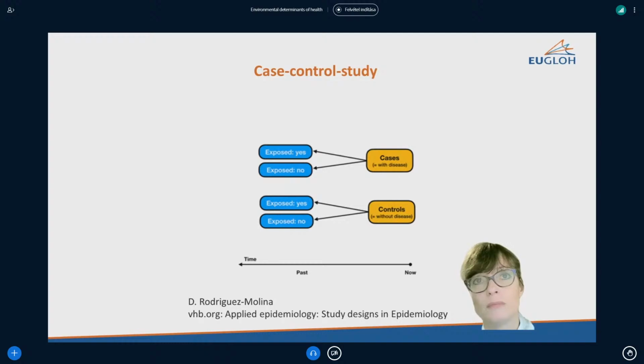This is usually done by questionnaires or, if possible, by biomarkers which reflect past exposures. In the end, we then compare whether cases are more likely to be exposed than controls. So whether exposure occurs more frequently in the ill participants than in the healthy participants.